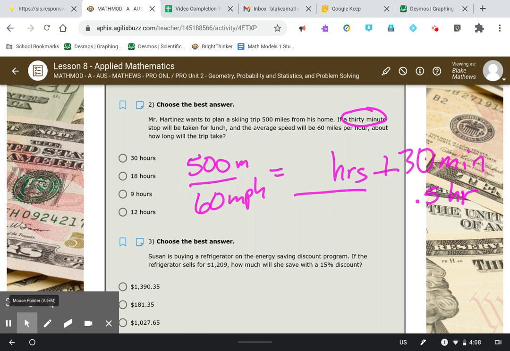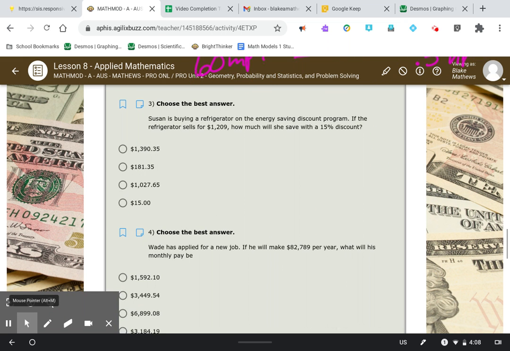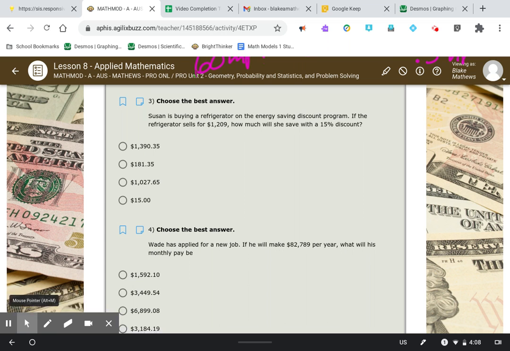All right, number 3. Susan is buying a refrigerator on the energy saving discount program. The refrigerator sells for $1,209. How much will she save with a 15% discount? This one's pretty straightforward. You have the amount, you have a percent discount. They want you to know how much she will save. You just need to multiply the amount times the discount percent.